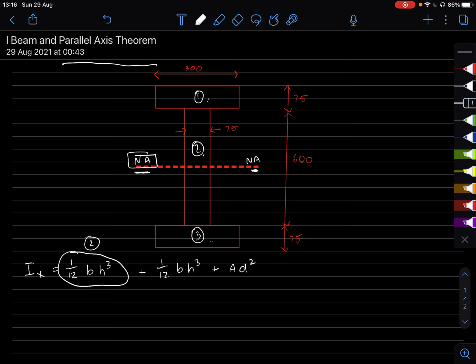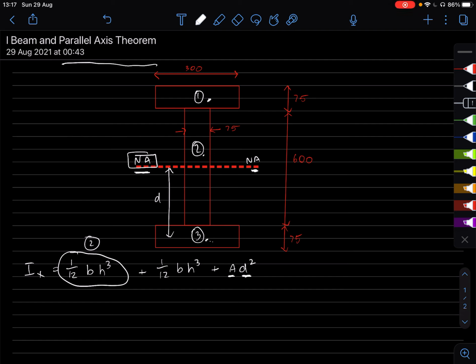Okay, so AD squared, what's that referring to? So A stands for area, so that'll be this area here, either rectangle 3 or rectangle 1, it doesn't matter which one. And this D here refers to the distance from this neutral axis to the centroid of that rectangle. That's D. Okay.